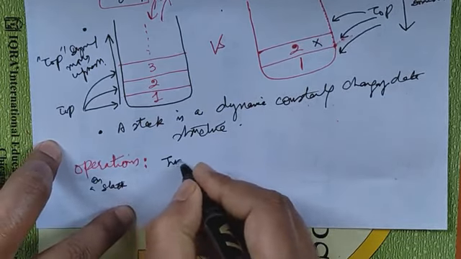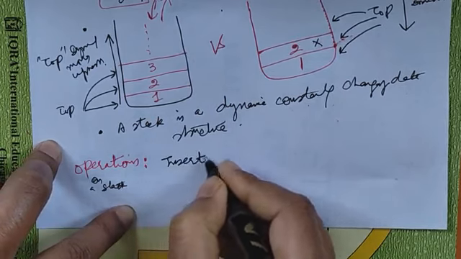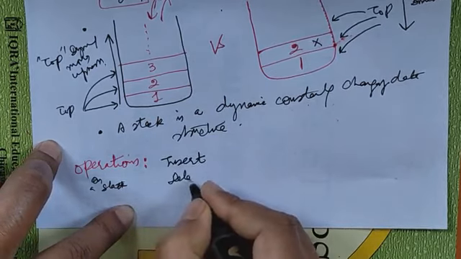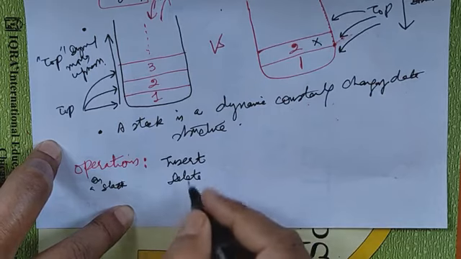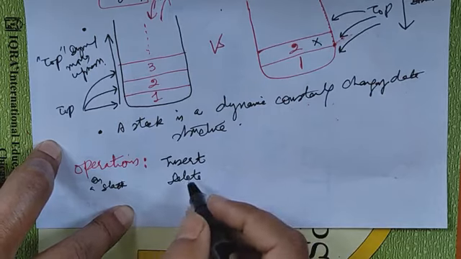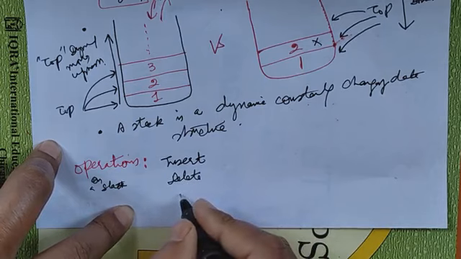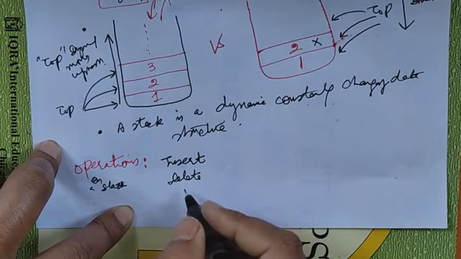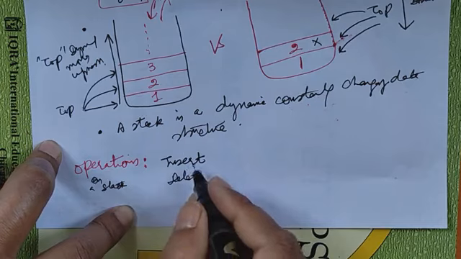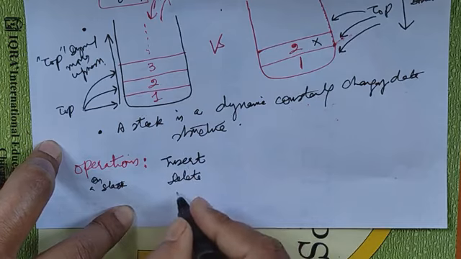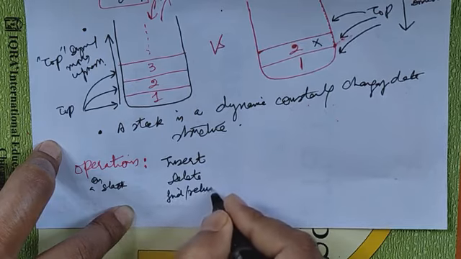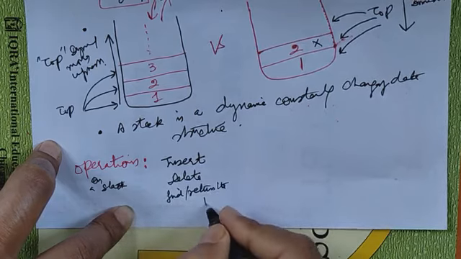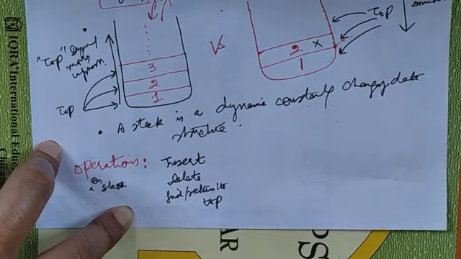You can insert, you can delete, and these are the primitive but most important operations, insert and delete. Then you can have one operation where you find or return the top element, return the top, right?